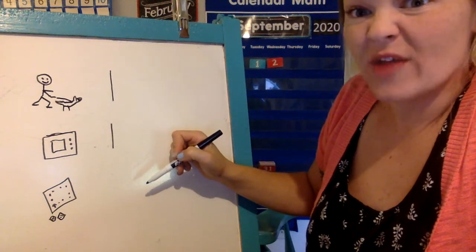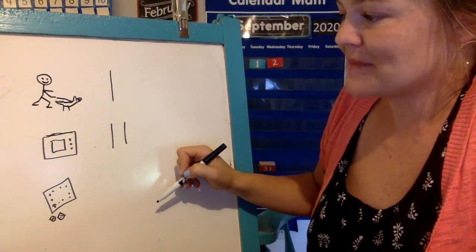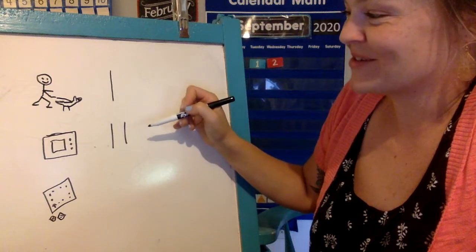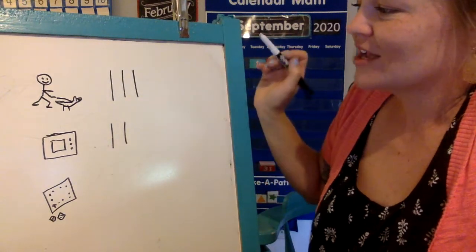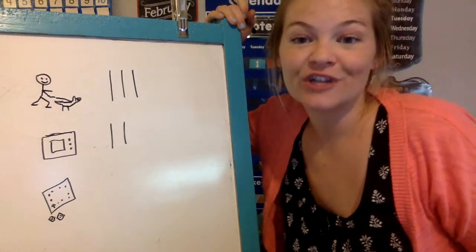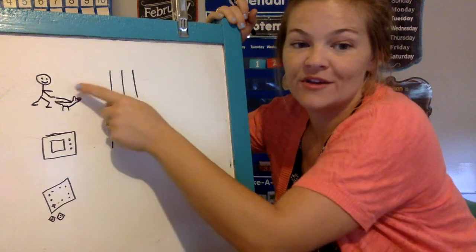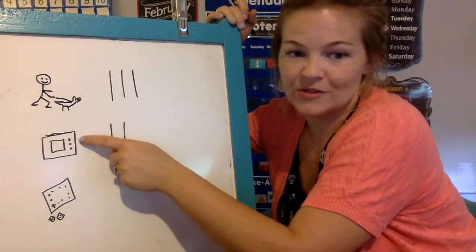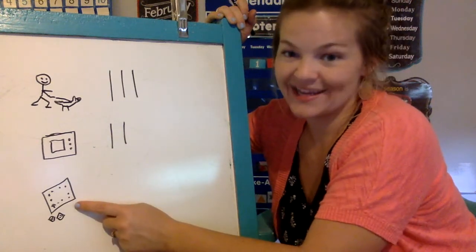Let's say maybe a brother or sister also wanted to watch a movie. And let's say maybe your grandparents, if they're with you, or maybe your mom or dad wanted to walk the dog. So then this is what our tally chart looks like. We can see that 3 people voted to take the dog for a walk, 2 people voted to watch a movie, and nobody voted to play a board game.